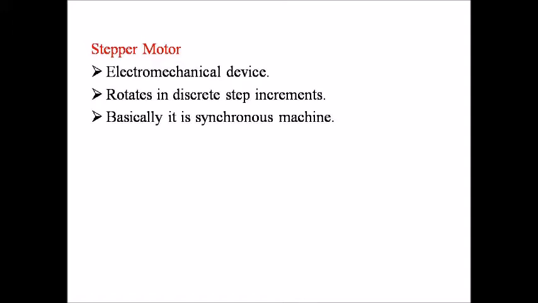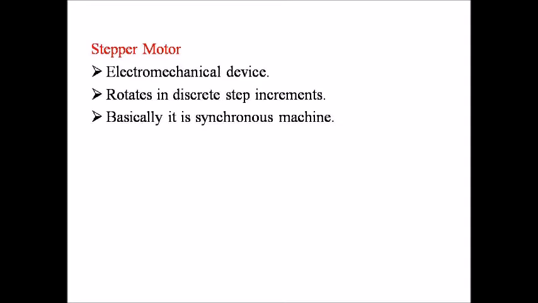This angle through which the motor shaft rotates for each pulse is called the step angle, represented by beta and expressed in degrees. For a smaller step angle, the number of steps per revolution will be higher, giving accuracy of the position. Step angles can be as large as 90 degrees and as small as 0.72 degrees.